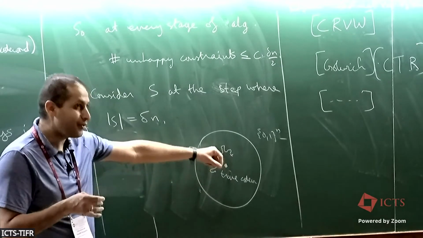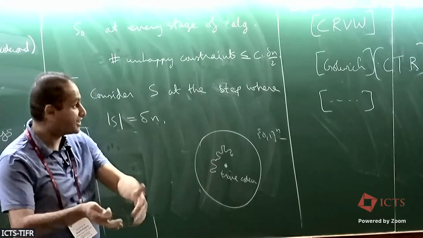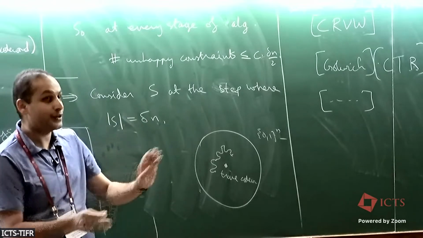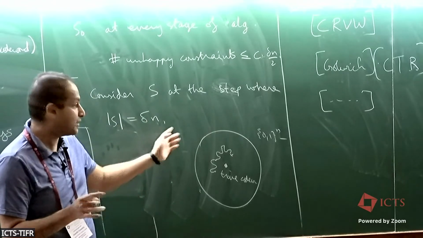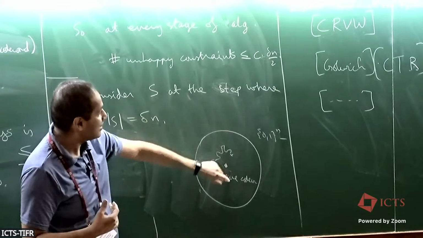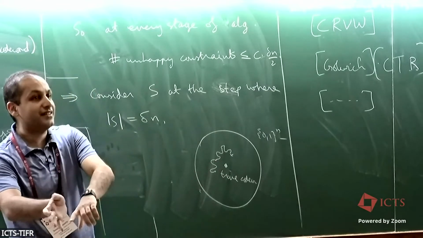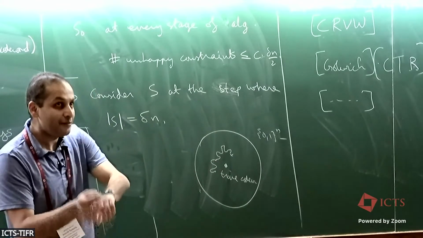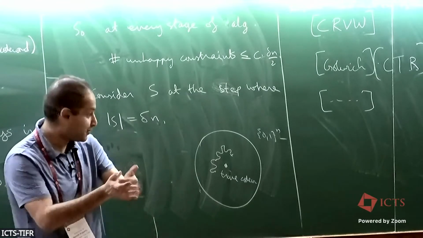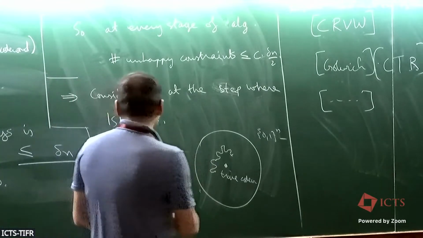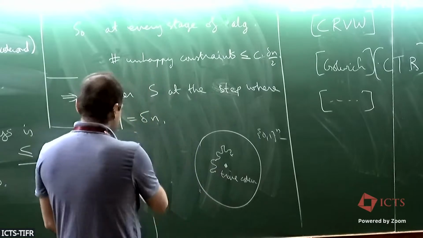Only if you are on your way to very far, you crossed delta n. At that stage, you can apply the expansion hypothesis. You can't say anything about expansion when you're already 2 delta n far. But if you're delta n far, you're on your way to 2 delta n far, since we were moving only 1 step at a time, you will have this violation.